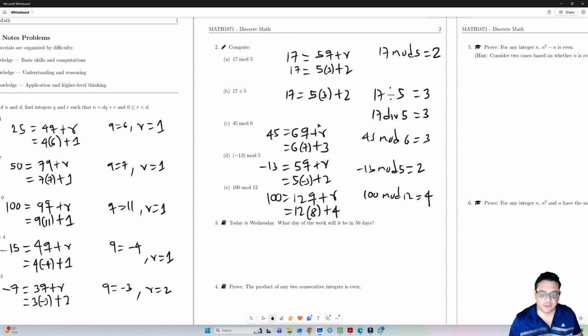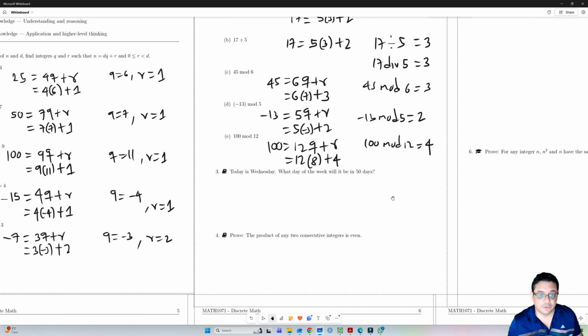All right, so let's go with an application of this type of exercise. It says, today is Wednesday. What day of the week will it be in 50 days? Since a week has 7 days, 50 can be divided by 7, and it's 7 more, and then plus 1. So I can fit in 7 weeks later, and then go one more day.